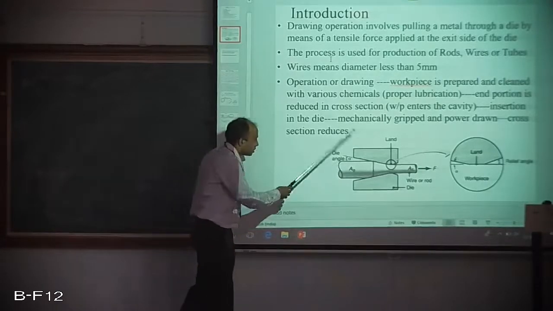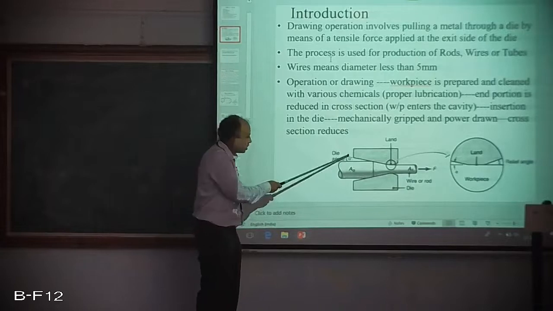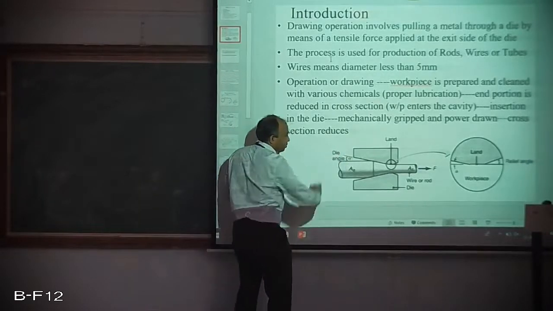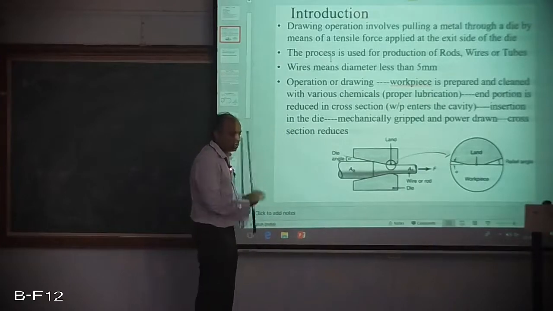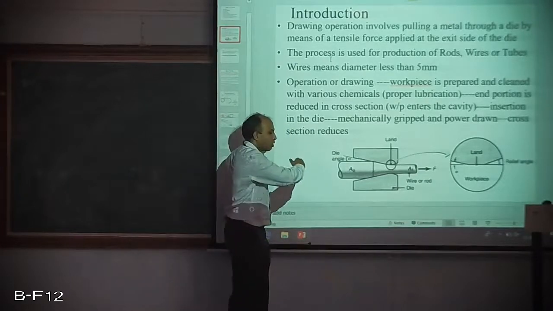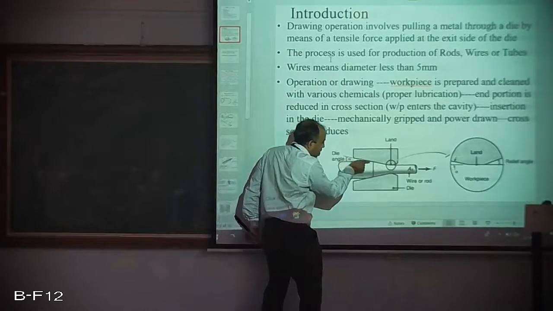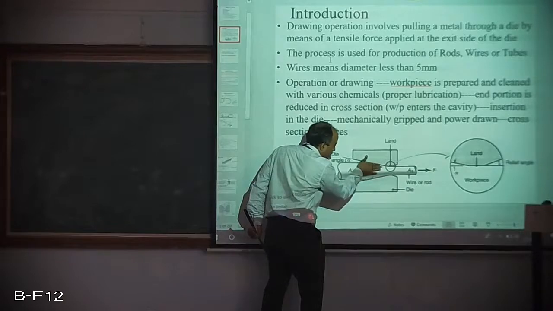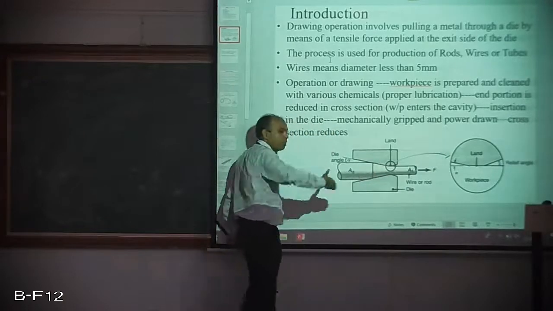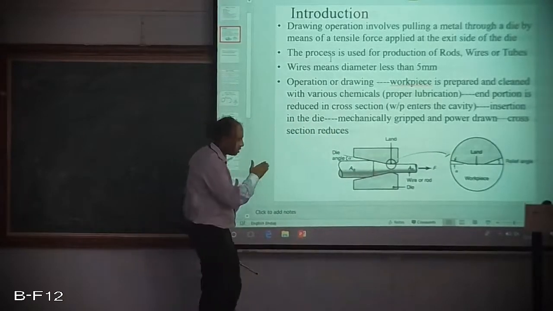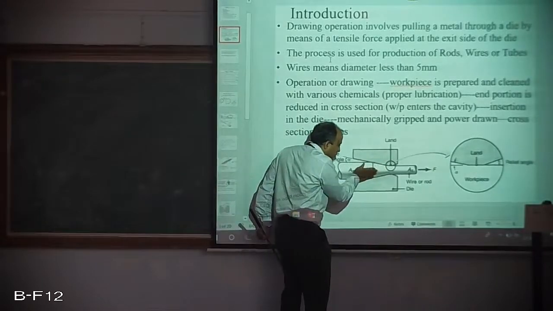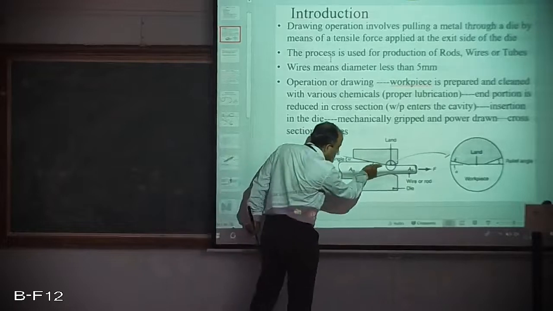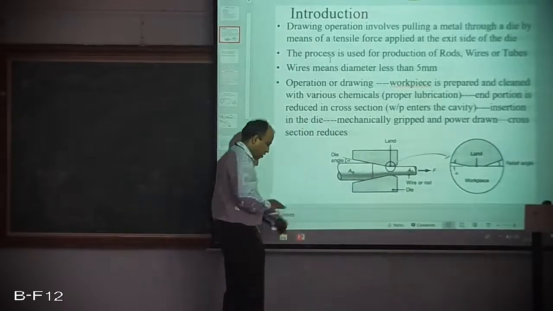Now how is it affecting? This is very crucial in the drawing operation. Suppose alpha is very small, what change happens? If alpha is very small, the length for which the workpiece touches the die will be more. Here it is touching and here also it is touching. What does this mean?